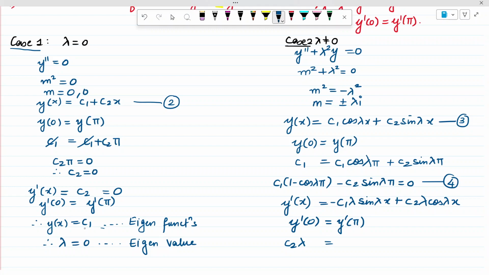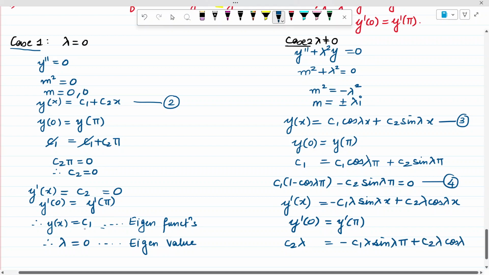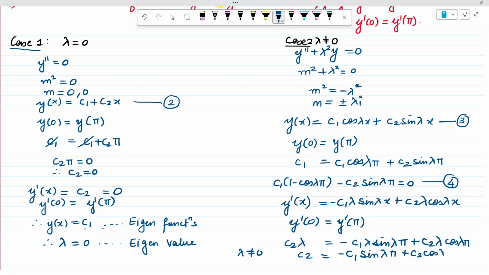C1 will become 0 because of the sine term becoming 0 there. And when I put pi, I'll be left with negative C1 lambda sin lambda pi, positive C2 lambda cos lambda pi. Again, as case 2 says that lambda is not equal to 0, I'll divide by lambda. So I'll be left with C2 equal to negative C1 sin lambda pi plus C2 cos lambda pi.